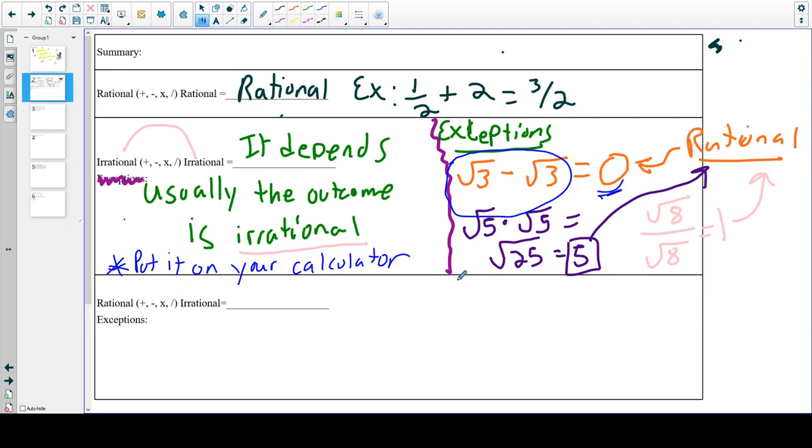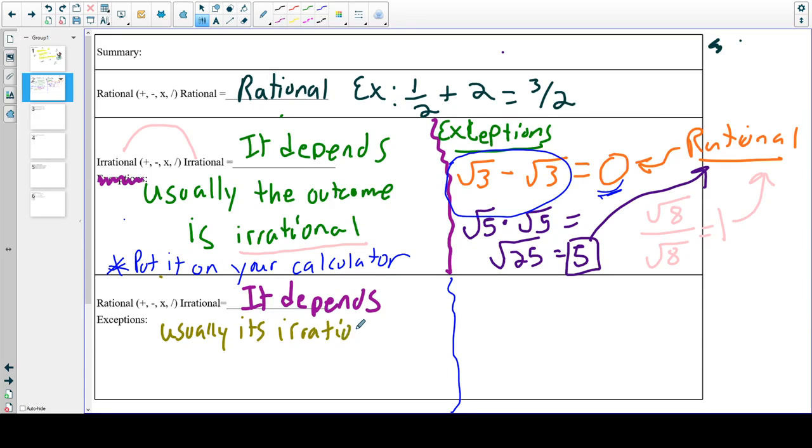For rational and irrational numbers, the answer is also, it depends. Now, usually it's irrational. But there are exceptions.